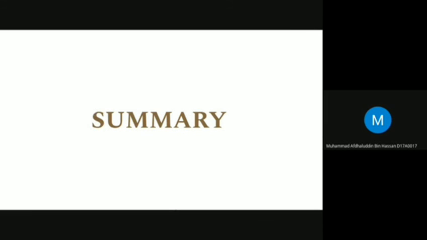Today I am going to summarize this topic. As a summary, we can conclude that for the GIT there are a few diagnostic workups that can be done, such as complete blood count, serum biochemistry, fecal analysis, urinalysis, and cytology. For the CBC, it is divided into two indicators, which are the erythrogram and the leukogram.